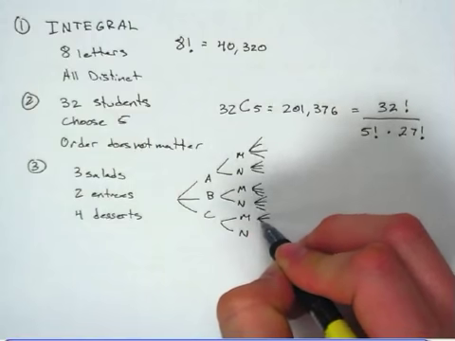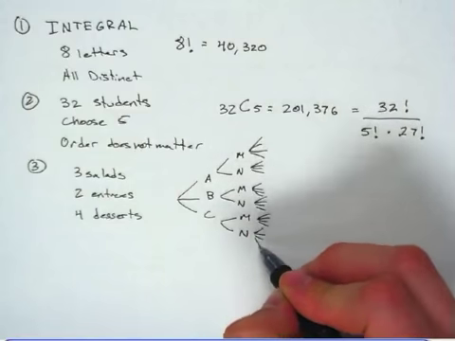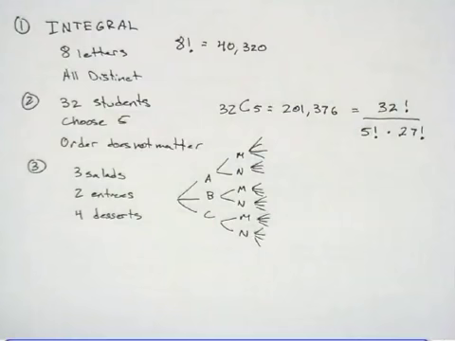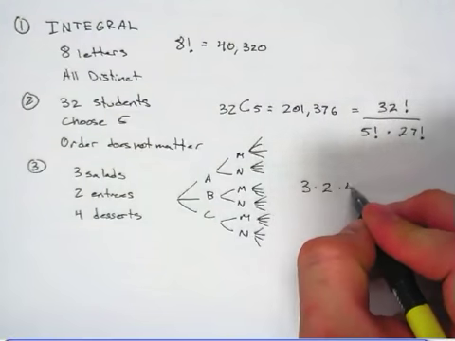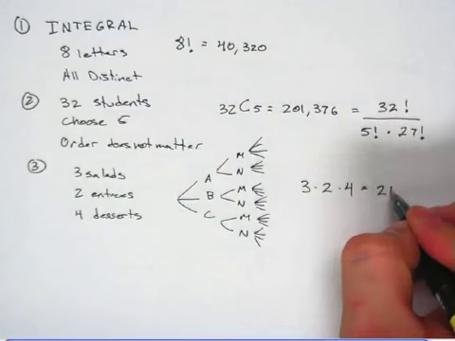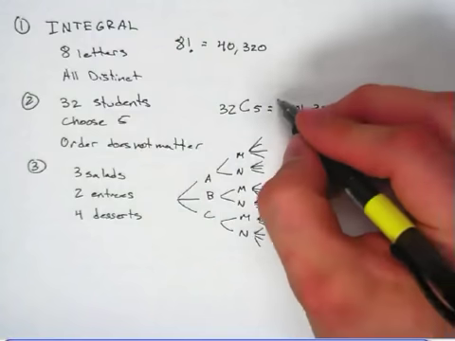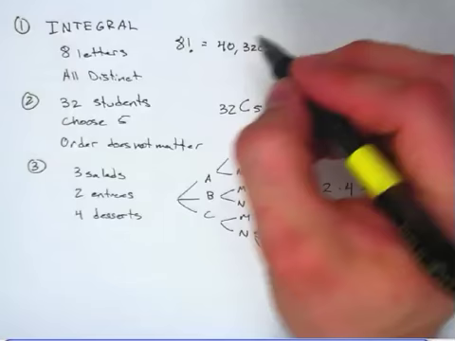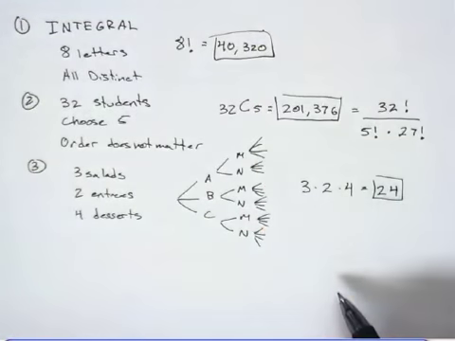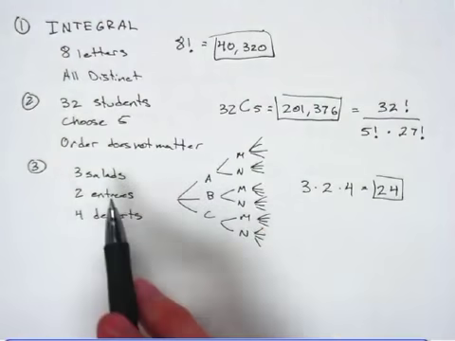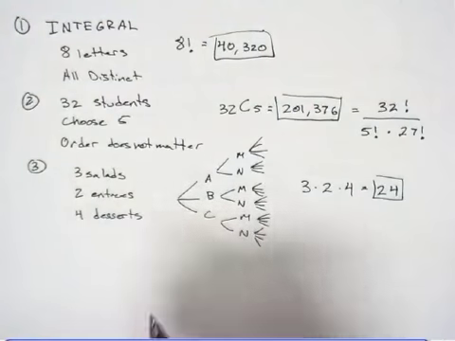And so as you make your tree diagram here, remember a tree diagram can be used during your multiplication principle, which of course is just 3 times 2 times 4, which is a total of 24 different meals that can be created. So independence is key for that question.